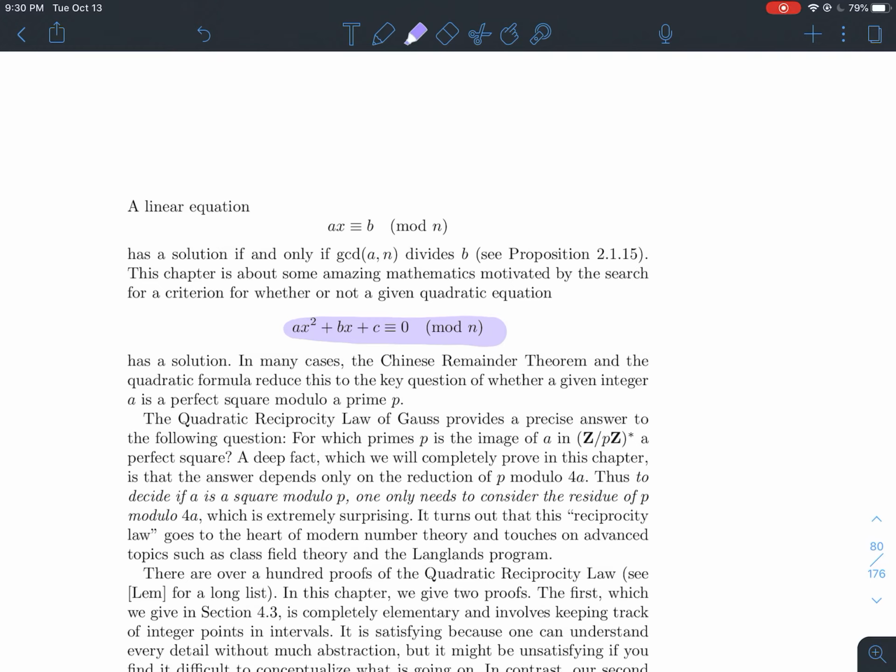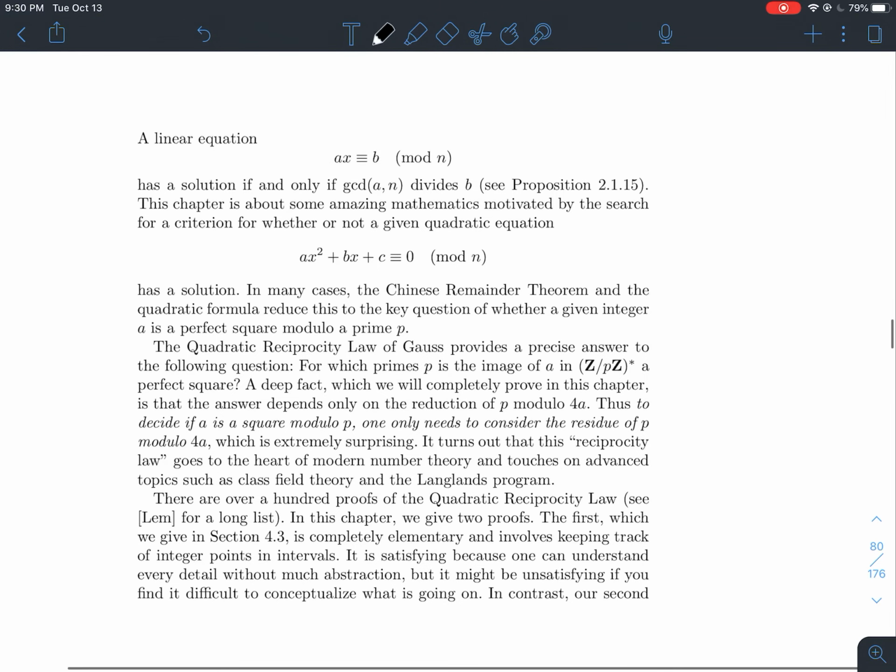What we'd like to do is shift our attention to whether I can characterize when a quadratic congruence has a solution or not. It turns out that the main thing we'll look at is whether I can figure out when this a here is a perfect square modulo a prime. That happens to be a key to saying a lot of things about characterizing solutions to this quadratic equation.